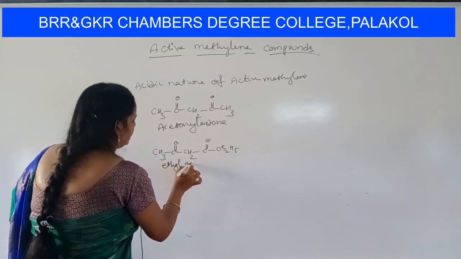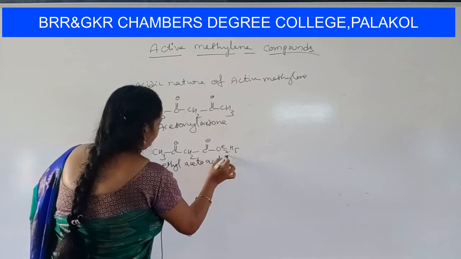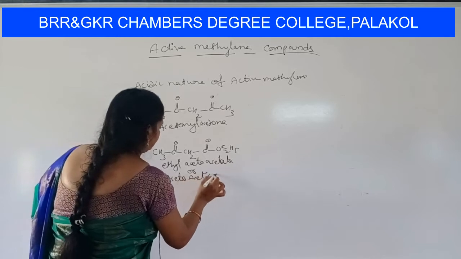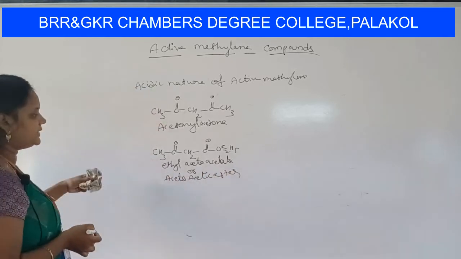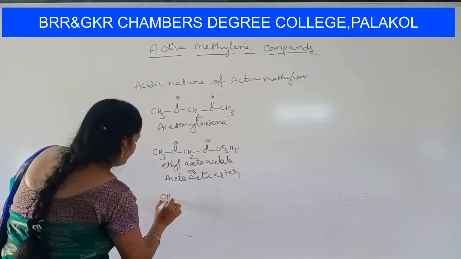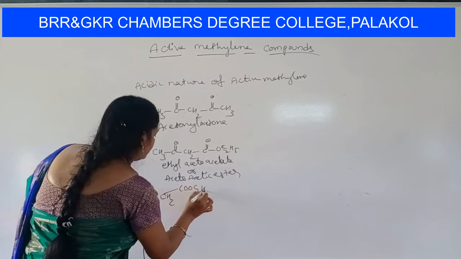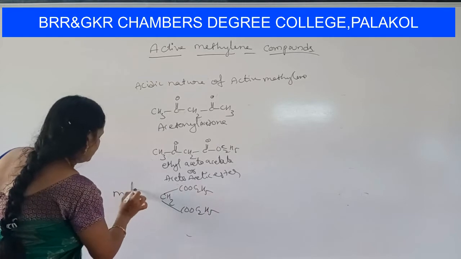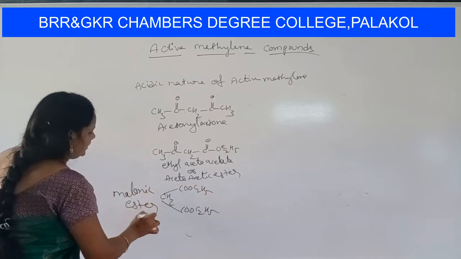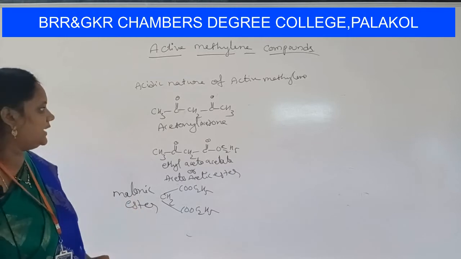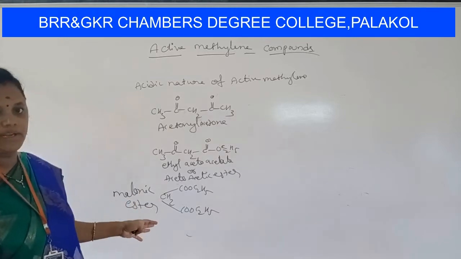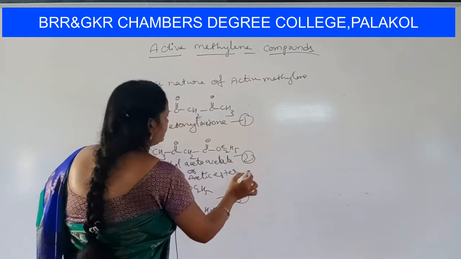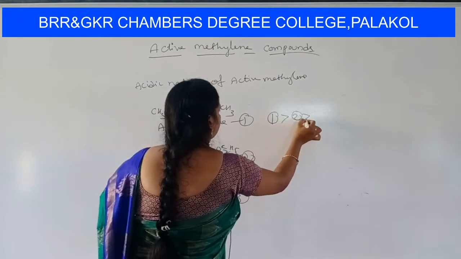Ethyl acetoacetate or acetoacetic ester. Okay, students, the next one is COOC2H5 and COOC2H5, the next one is malonic ester. If you compare the reactivity order, if you give 1 for this, 2 for this, 3 for this, the order is 1 is greater than 2 is greater than 3.